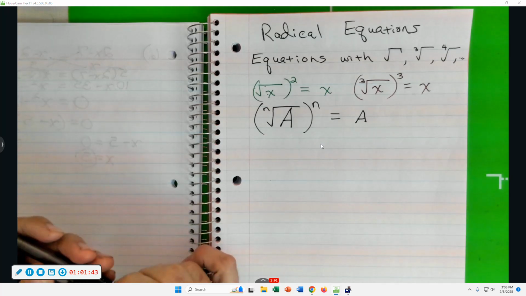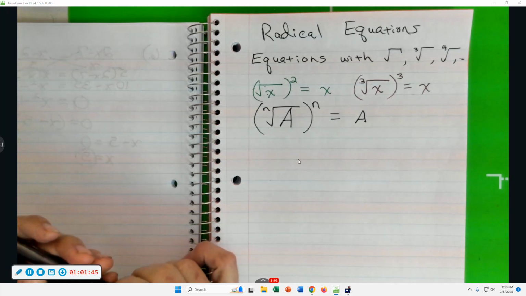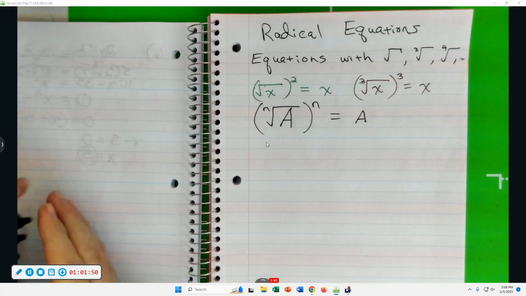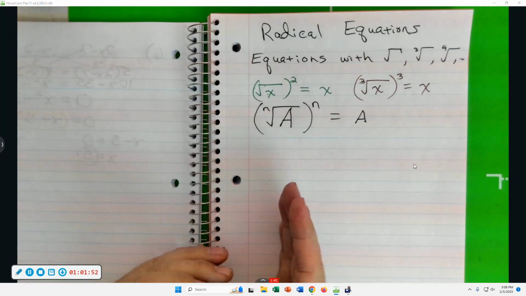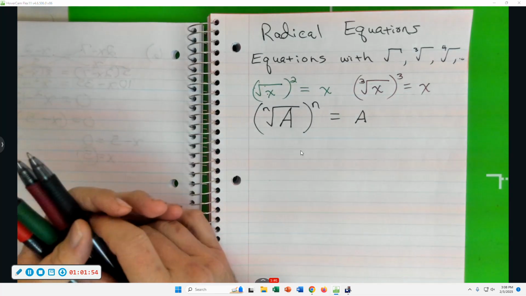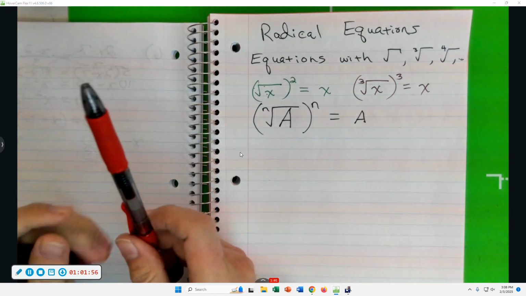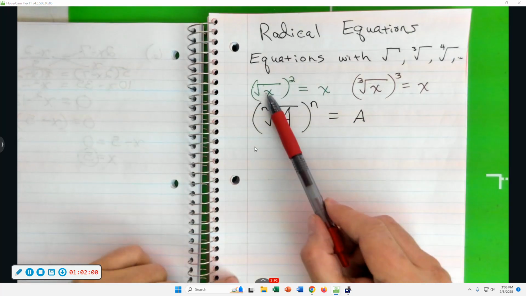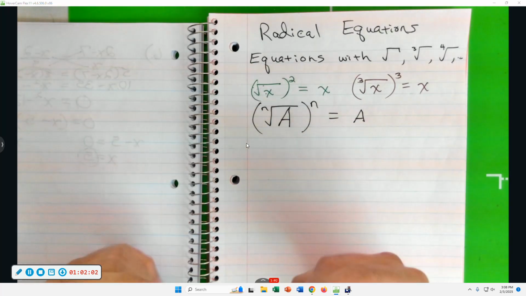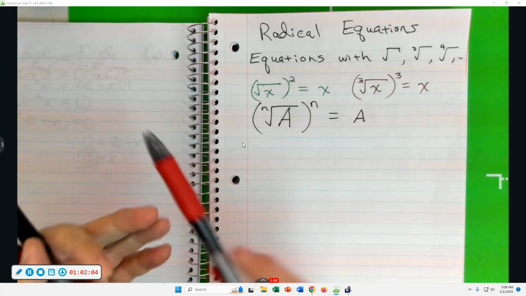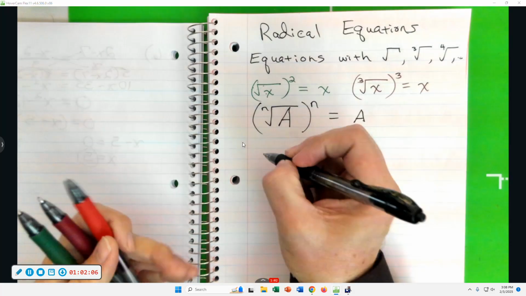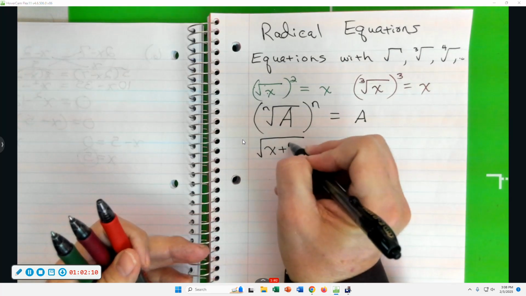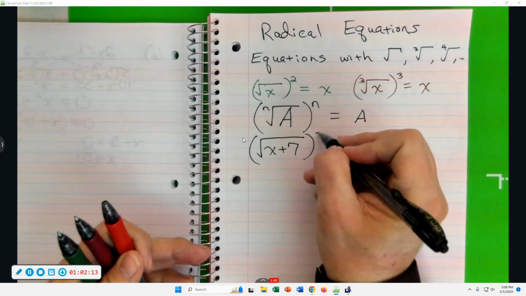Now, we know that when solving equations, to maintain the balance, whatever you do to one side, you've got to do to the other side. If you have a square root and you want to square it, you're going to have to square both sides of the equation. Let's suppose we had the square root of x plus 7 all being squared.